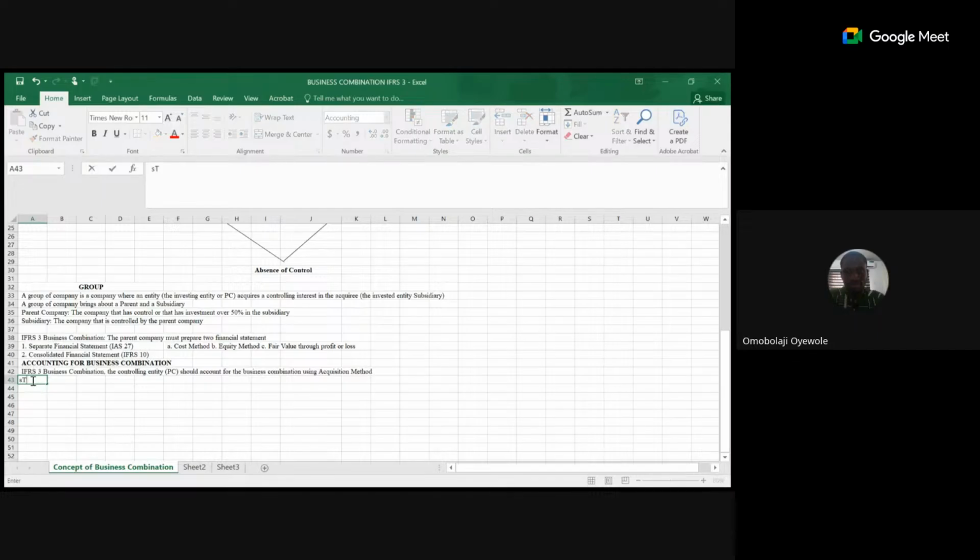Steps of the acquisition method. Number one, identify the acquirer.